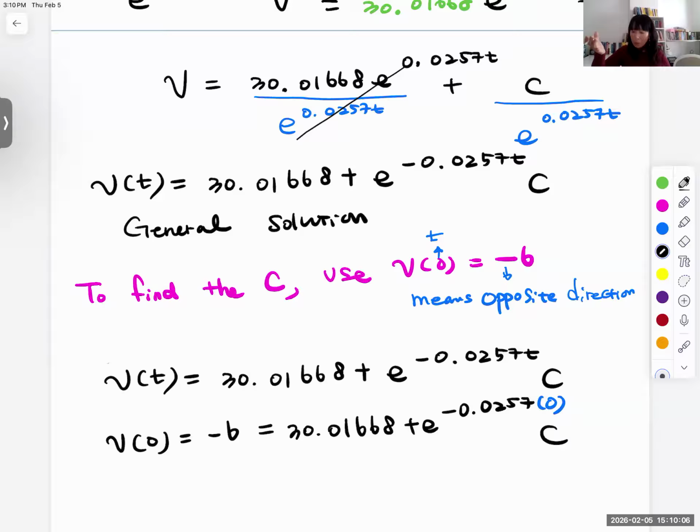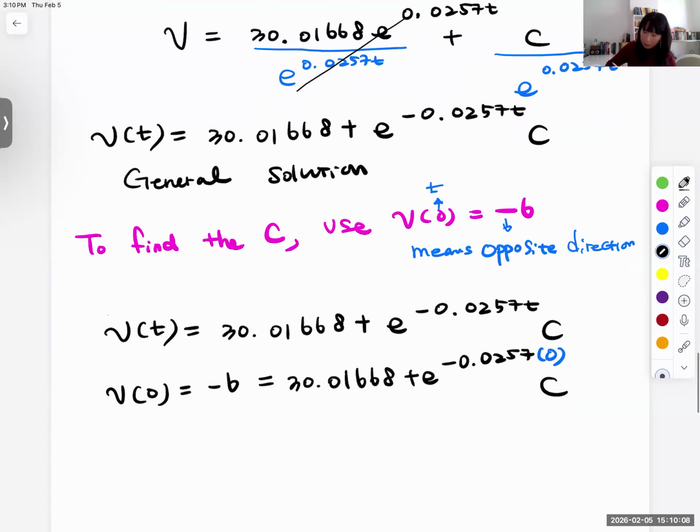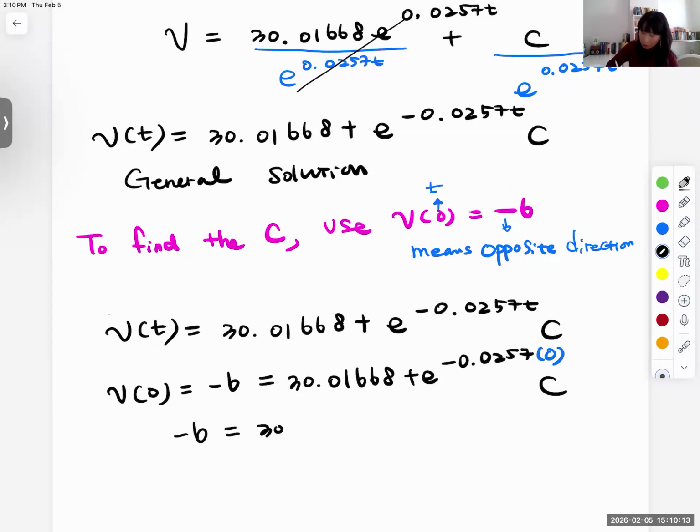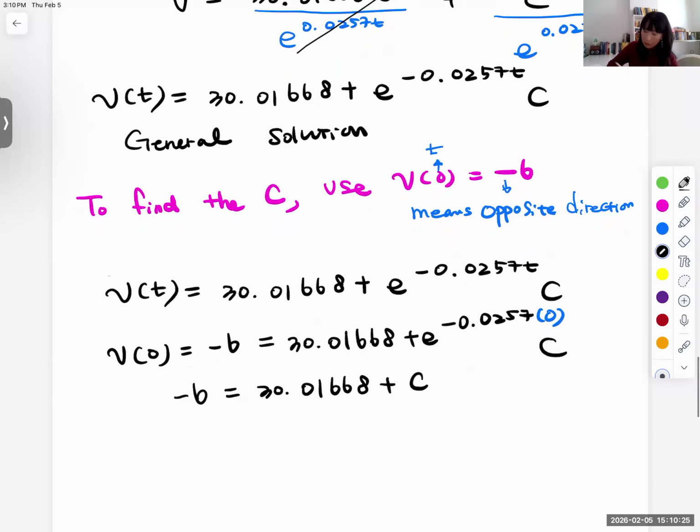Okay, e to the 0 power is 1. So we have -6 equal to 30.01668 plus C. So can you please calculate what C is?